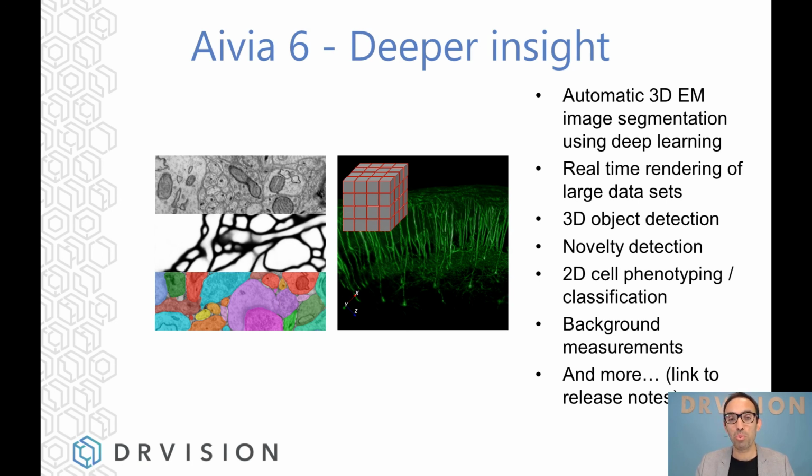This is used when you teach a couple of classes or more and then ask the software if there are potentially other classes of objects, other phenotypes that you have not identified. Aivia will be able to tell you the likelihood of having an additional class of objects or phenotypes in your images that you have not taught on.